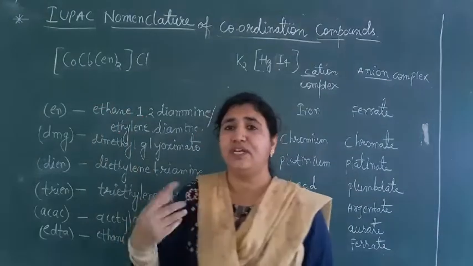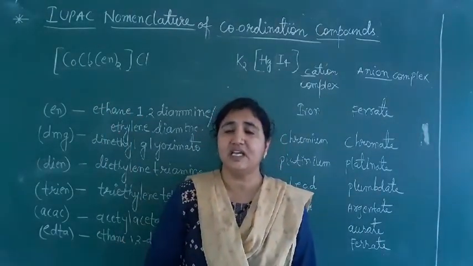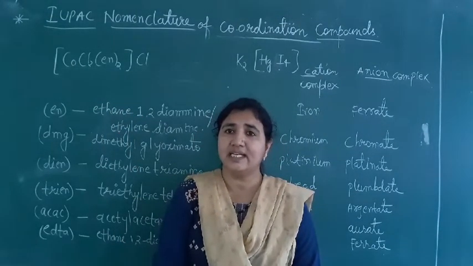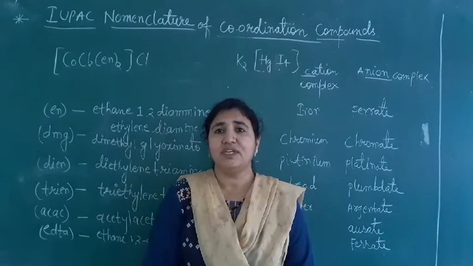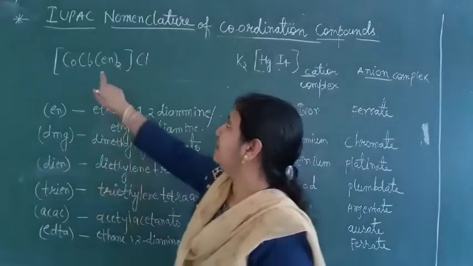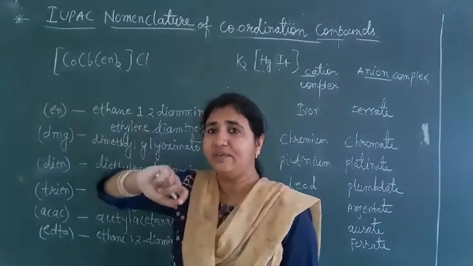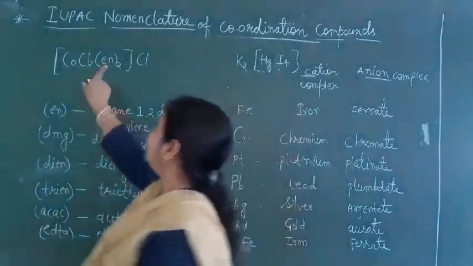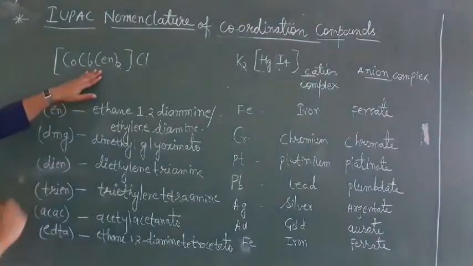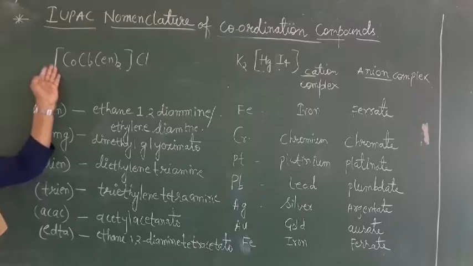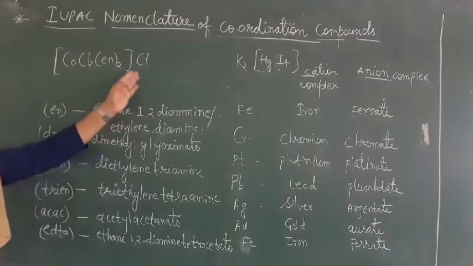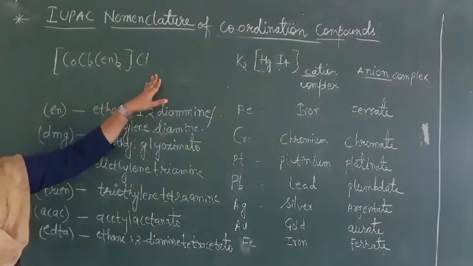If we have more than 2 or 3 ligands, then you have to write the ligand names in alphabetical order, whichever ligand's letter comes first. So first ligands, then metal, then the metal's oxidation state, and last we write the anion name here.